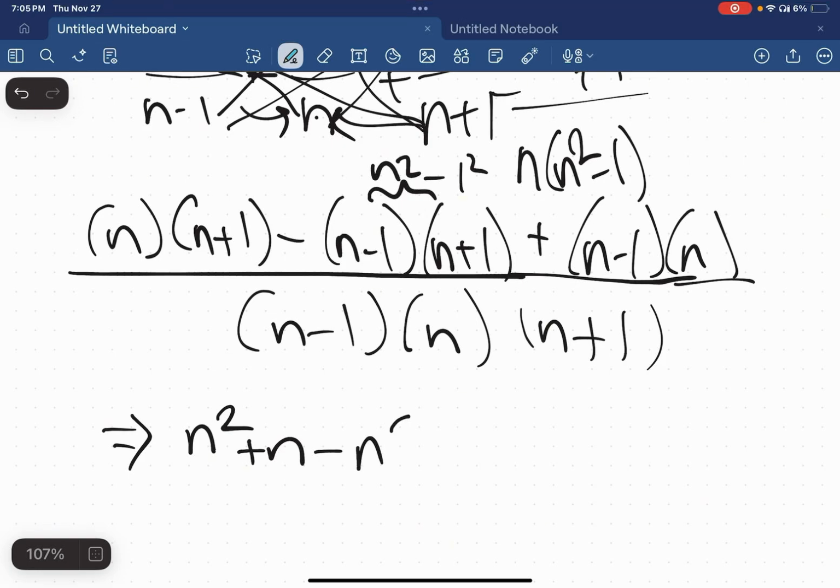That's going to be n squared plus 1. Actually, for clarity's sake, we'll keep it in parentheses like this, plus n squared minus n.